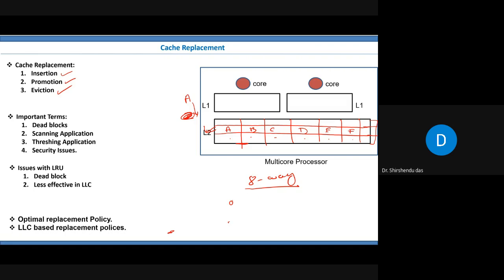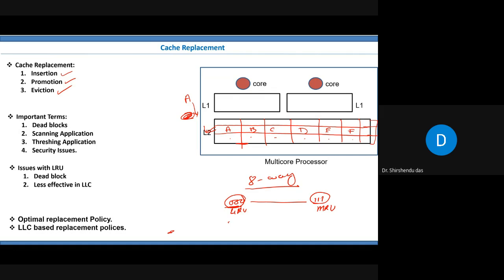So you can say 000 is my LRU and 111 is MRU, with some intermediate blocks in between. So to maintain LRU replacement in each set, you need 3 bits per block. 000 is for the oldest one and 111 for the newest, the most MRU block, or you can consider the reverse also.